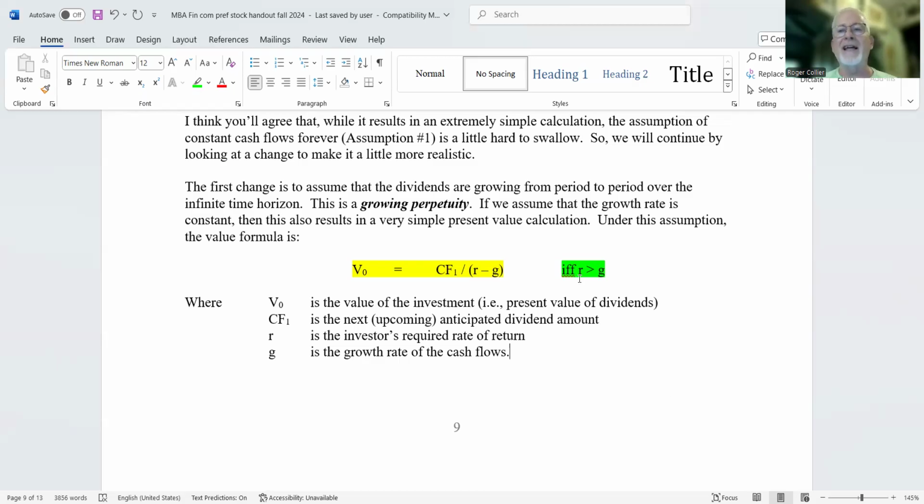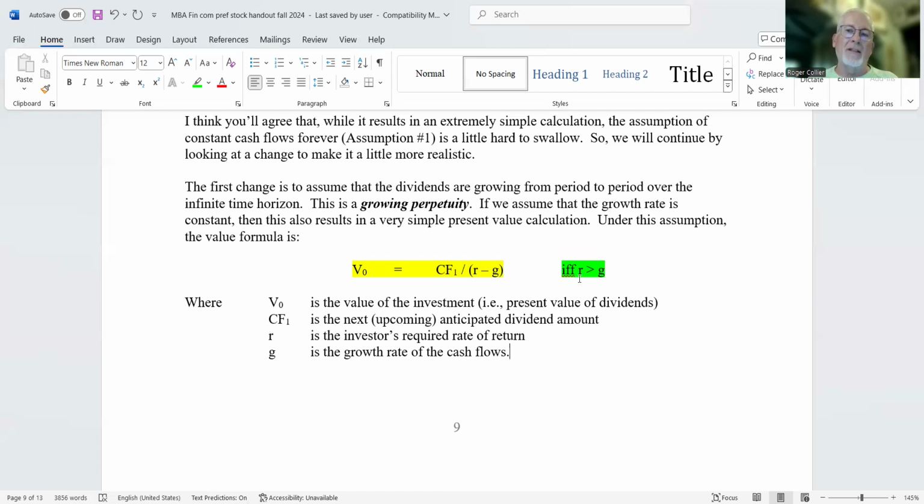Now, what if R is less than G? What if the amount we're discounting is less than the amount that they're growing? Well, what that means is that the present values will not be getting smaller and smaller, so that they will not eventually approach 0, so that instead of getting a simple answer, the answer is infinitely large.